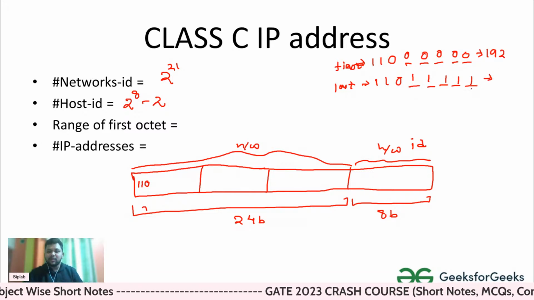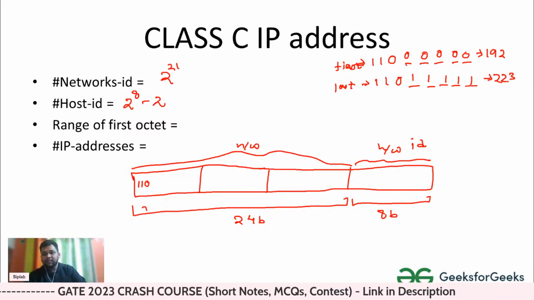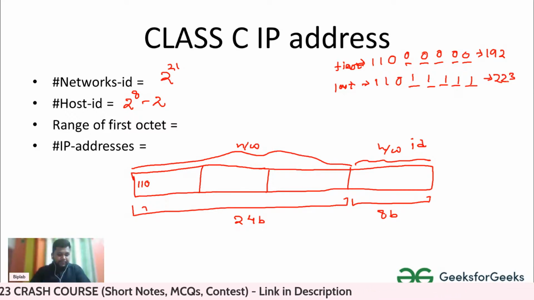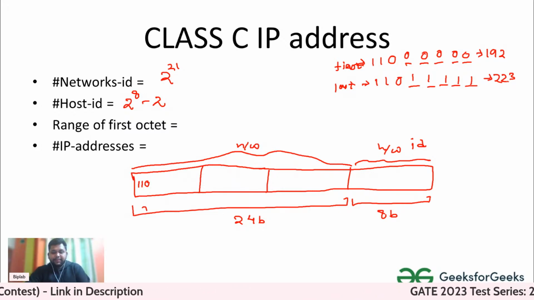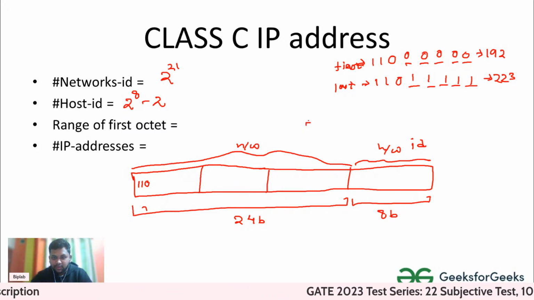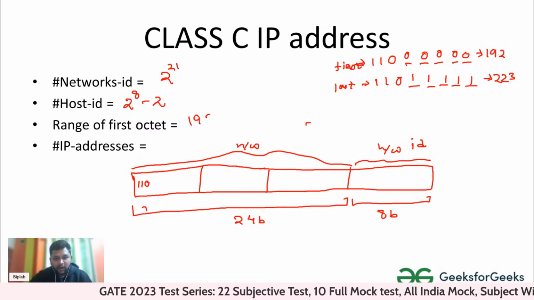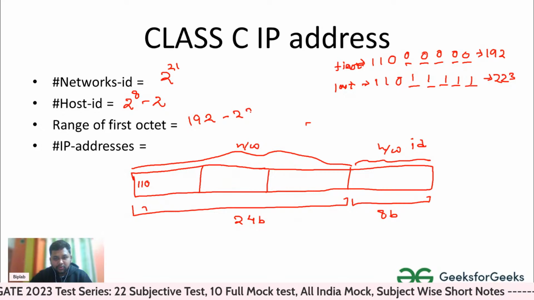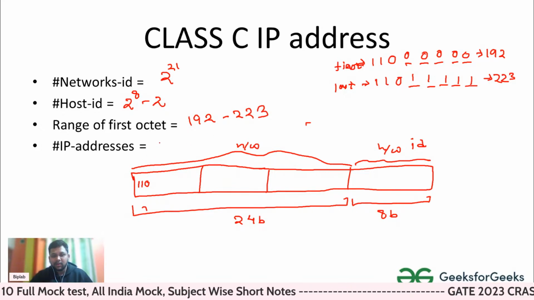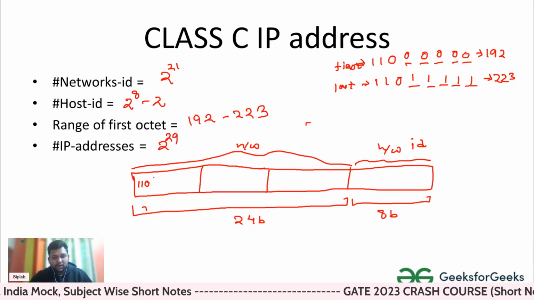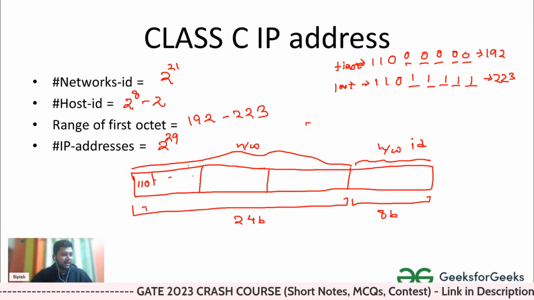And the last number is nothing but 223. So the range of your first octet is 192 to 223, and the number of IP addresses possible is 2 to the power 29, because your 3 bits are fixed and you have 29 bits left.